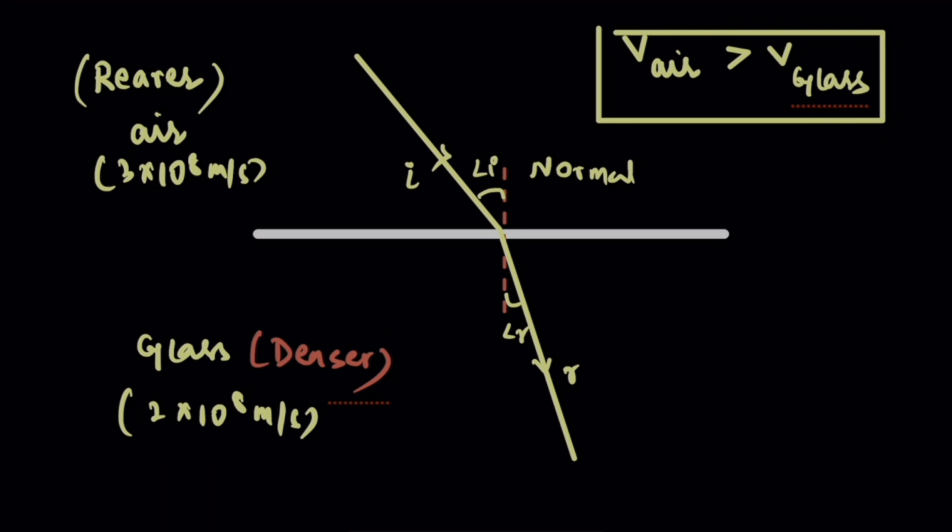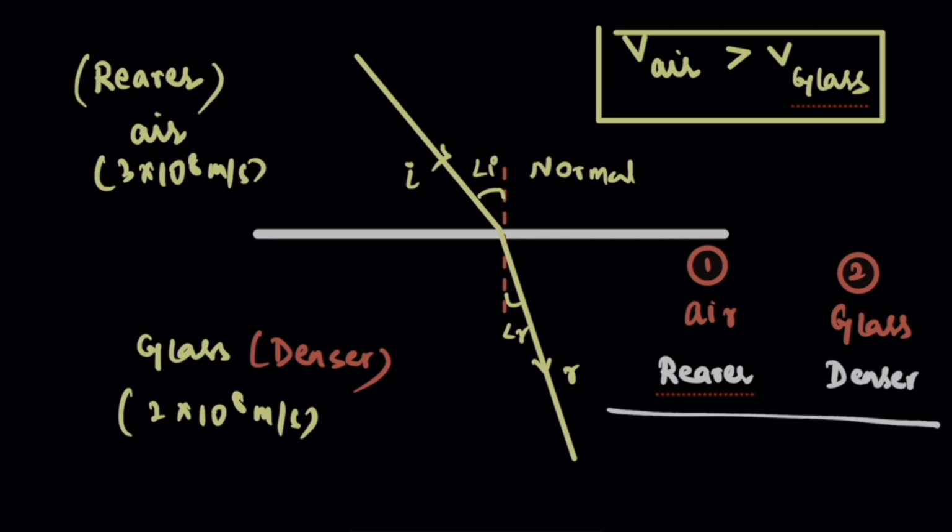So what I try to say, if we use the air as one medium and glass as the second medium, so air is considered as a rarer medium. Why? Because its speed of light is more and glass has denser medium.